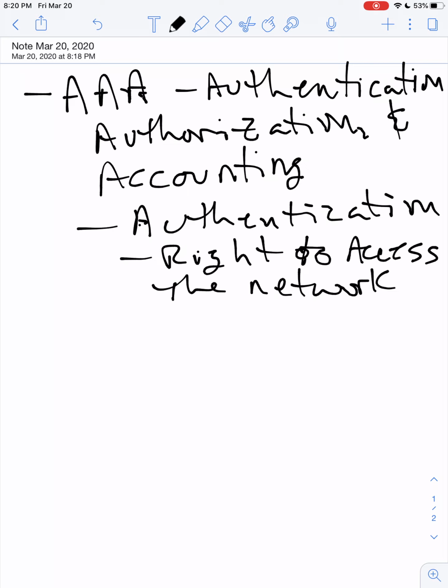Within the authentication feature, again, our most common method of doing this is username and password.